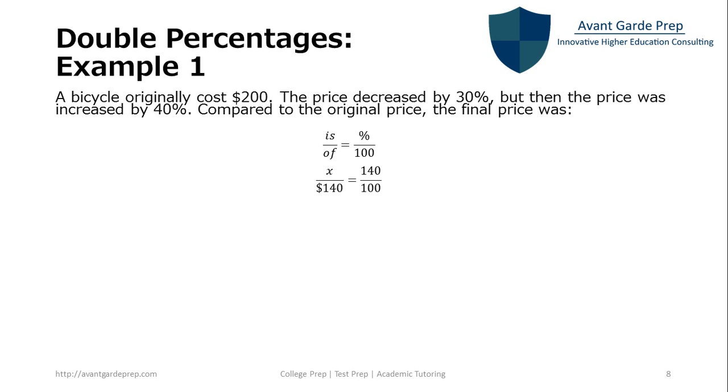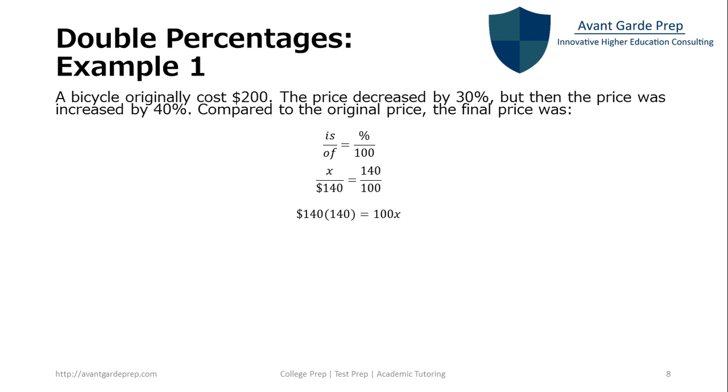So we set this up, x over $140 equals 140 over 100. Now you may ask how I got 140, and that's just because we're increasing the price by 40%, so we need to add that to the cost of 100%, so we get 140%.